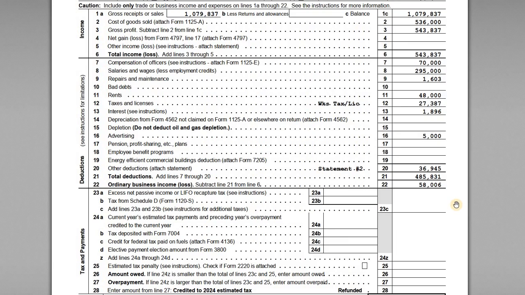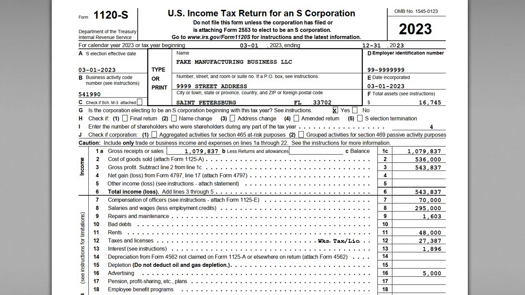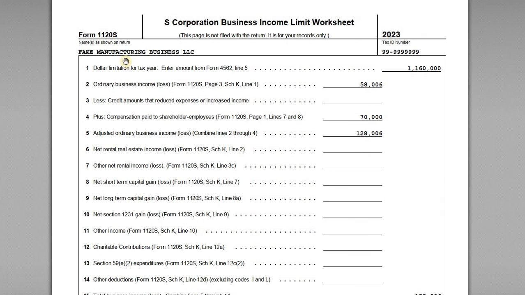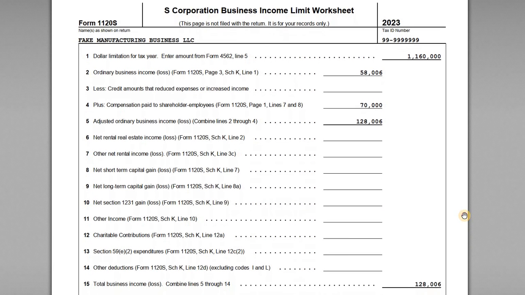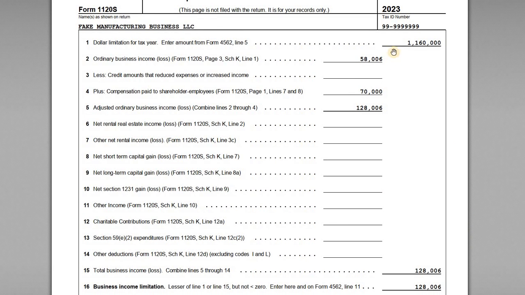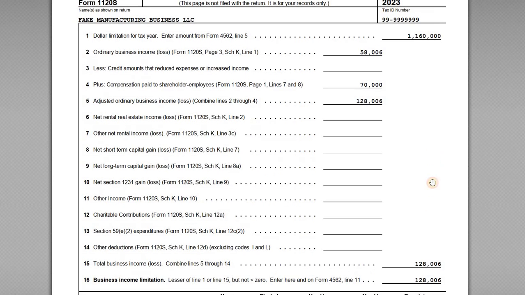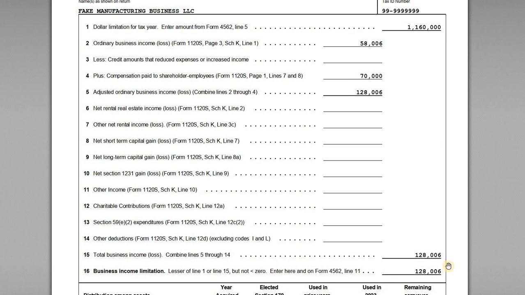However, you are entitled to some adjustments, and so that's what we have on our 179 worksheet. So this is an S Corporation business income limit worksheet. And so what this does is it uses our line 1 ordinary income as a starting point. So there's our 58,006. But then you have certain additions and subtractions to get to an adjusted business income limit.